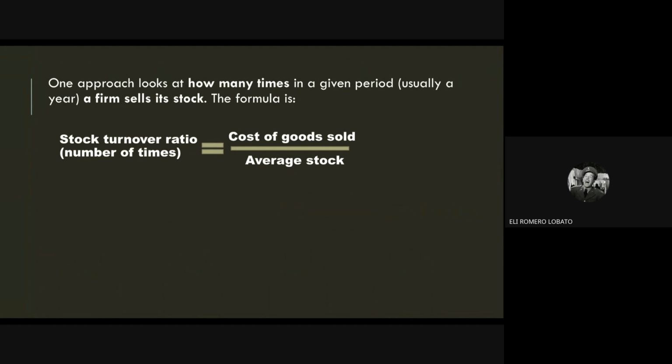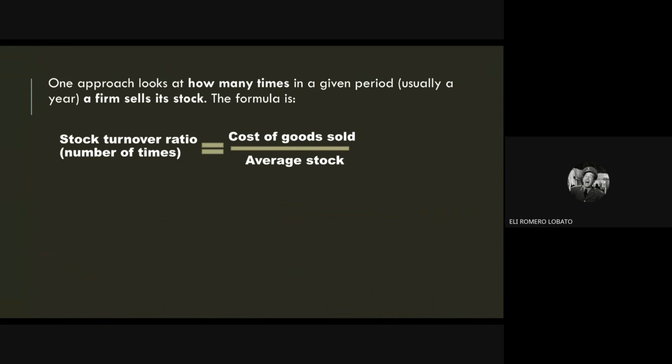It's going to be stock turnover ratio in order to get the number of times according to period. By period, we mean year. It is going to be cost of goods sold over average stock. That's the first formula. In this video, we are going to check two, okay? Just about stock turnover ratio.